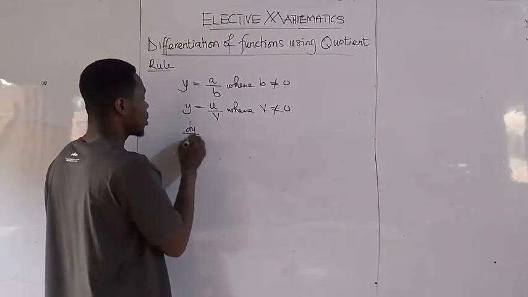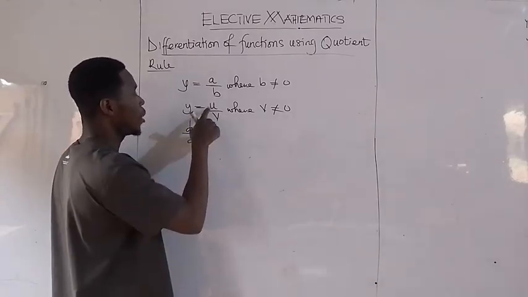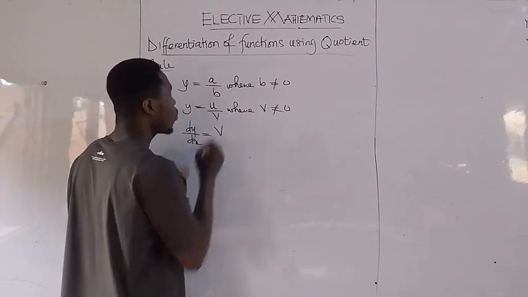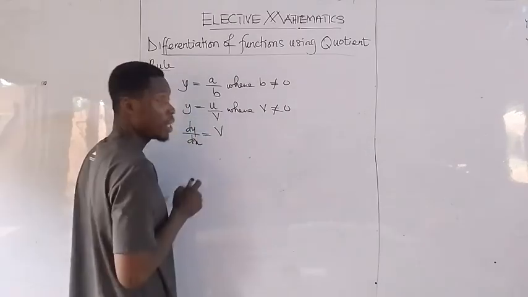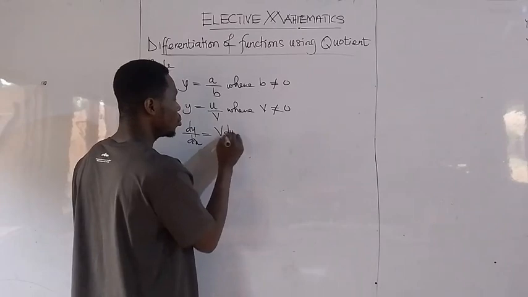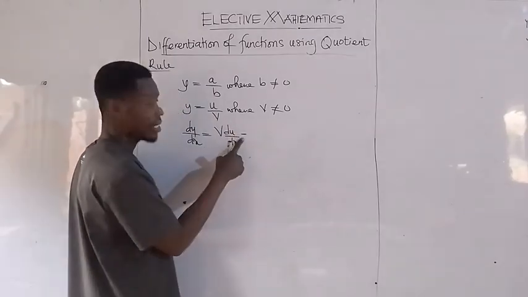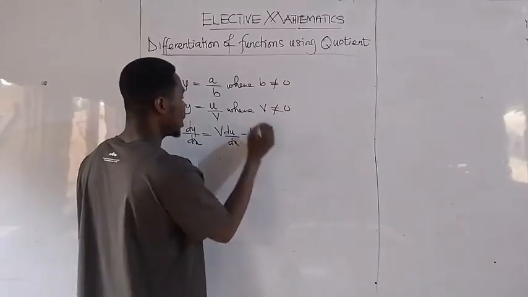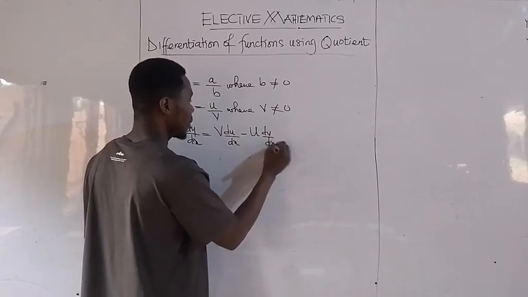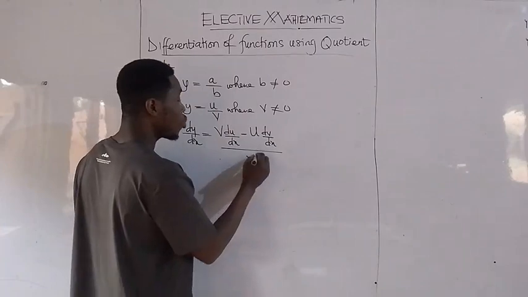Our dy with respect to x: you take v, then you differentiate u, so we have du over dx. Then minus, you take u, then you differentiate v, so dv over dx. Then all over, we take v and square it.